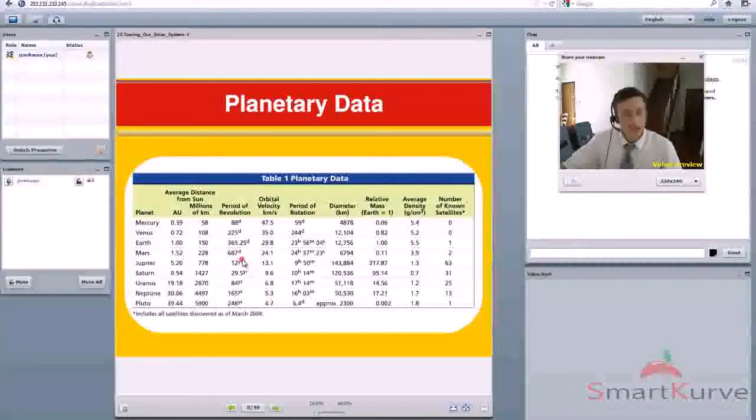The next planet is a rather interesting one. Uranus takes 84 years to go around the sun. But another interesting thing about Uranus is its axis of rotation. Remember in our last lesson, we learned that if we have the ecliptic, Earth's axis of rotation is slightly tilted, so that one side of the Earth is always facing the sun, having summer, and one side of the Earth is facing away from the sun, experiencing winter.